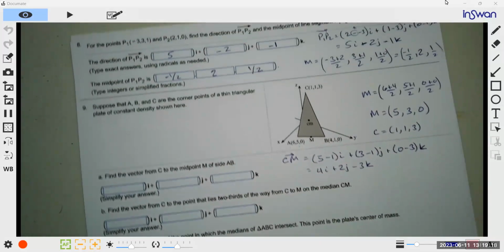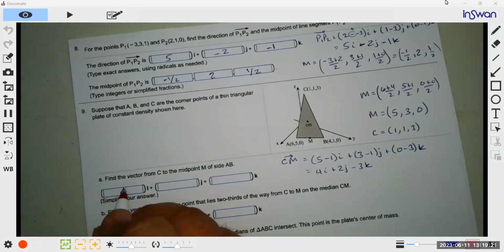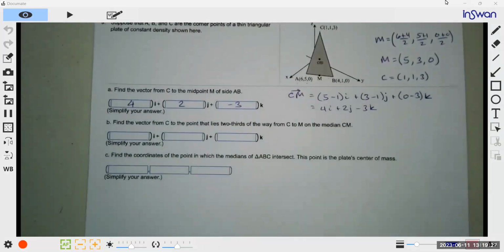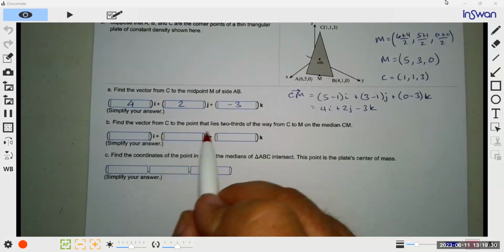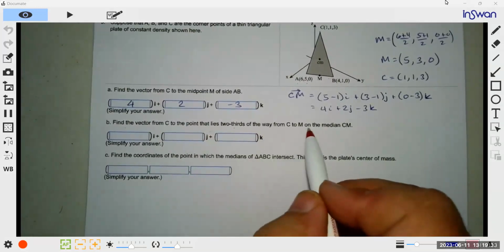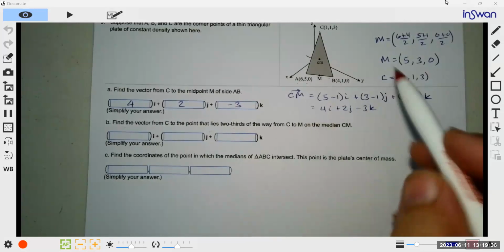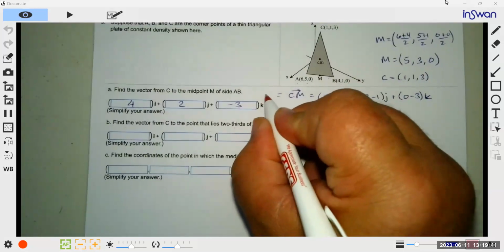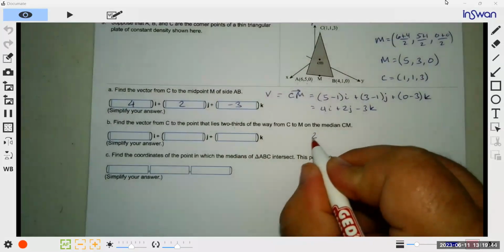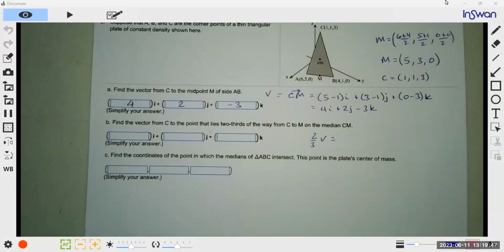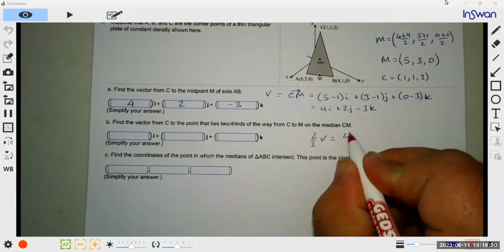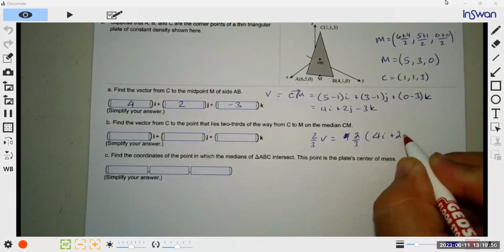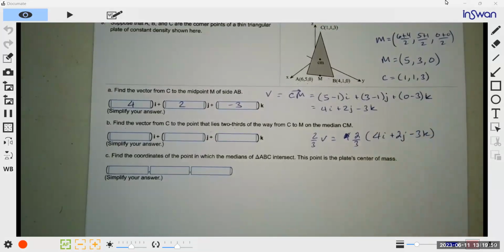Find the vector from C to the point that lies 2/3 of the way between C and M. So all we do here is, let's call this vector V. We're looking for 2/3 of vector V. So it's 2/3 times 4i plus 2j minus 3k.